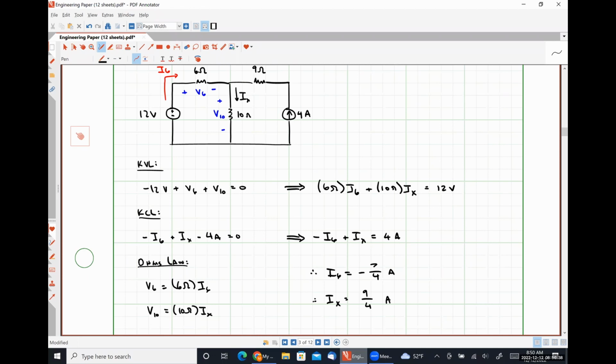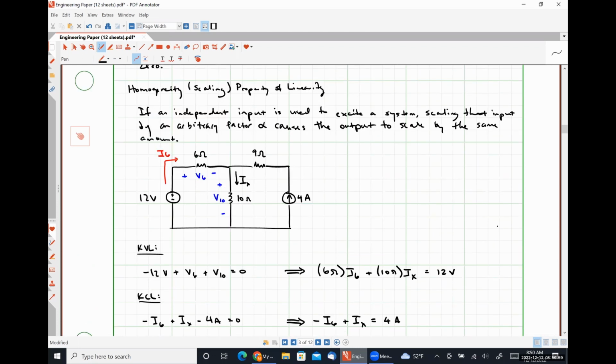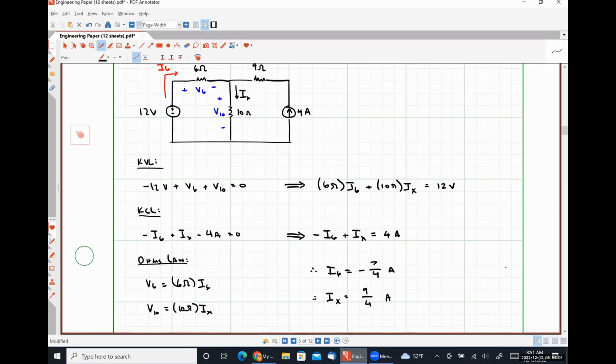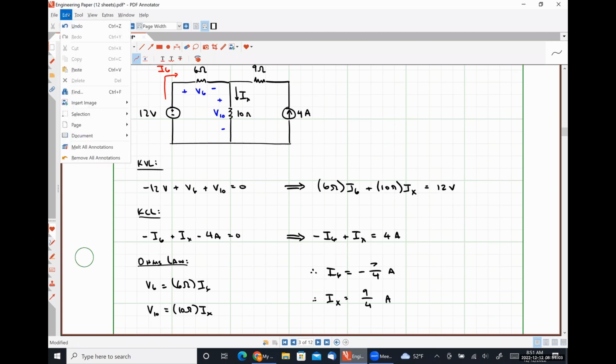So this circuit and any circuit containing only resistors and voltage and current sources satisfies the homogeneity or scaling principle. Okay. Now let's bring our table back into the fold here.